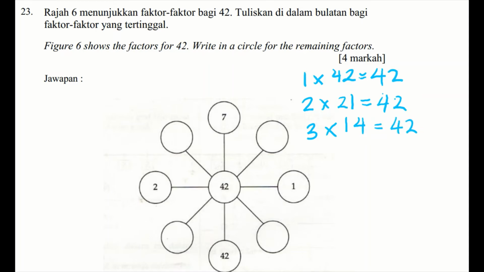So 3 and 14 are factors of 42. 4 is not a factor of 42 because you cannot multiply it with any number to get 42. It is also the same for 5. 6 multiplied by 7 is equal to 42. So 6 and 7 are factors of 42.